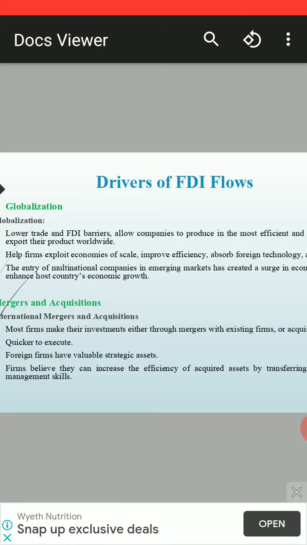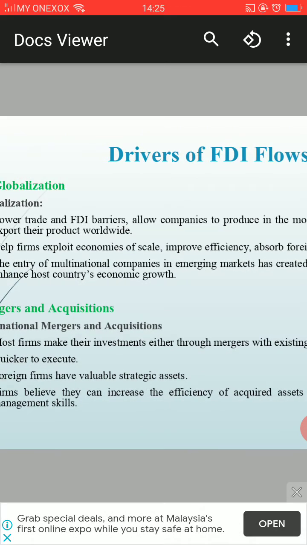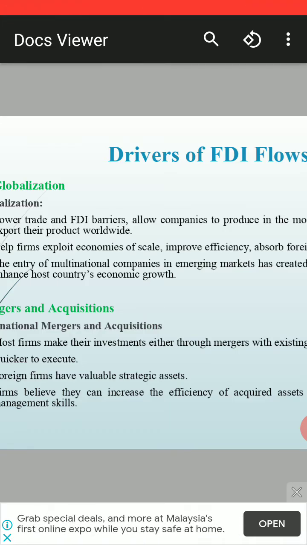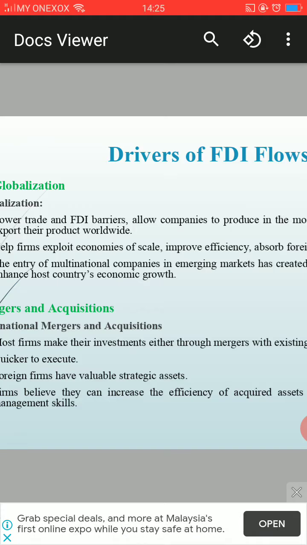So you can see here, lower trade and FDI barriers allow companies to produce in the most efficient and productive location. Among the attractive locations are Vietnam, India, China, and Mexico. They produce in these countries and then export their product worldwide. Besides that, they want to exploit economies of scale, improve their efficiency, absorb foreign technology, and innovate.